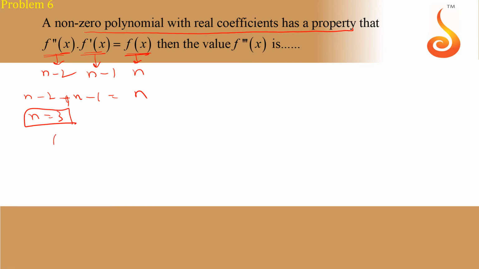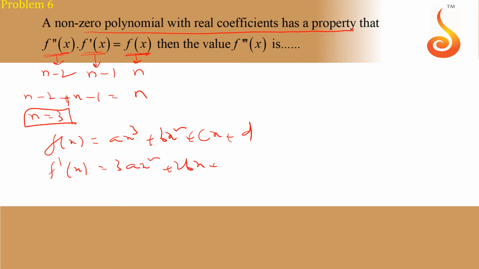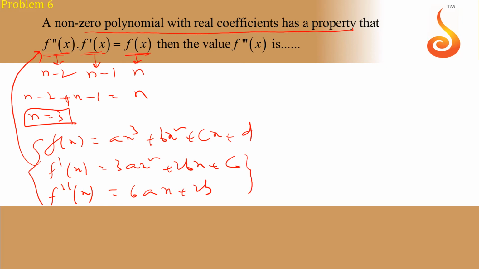So if you take f(x) equals ax cube plus bx square plus cx plus d, then let us find f'(x), which is 3ax square plus 2bx plus c. f''(x) you find, and these three you substitute back in the given condition. f''(x) is 6ax plus 2b, so if you multiply, you are getting this, and you compare the coefficients of x cube, then you will get a equal to 1 by 18, something like that.